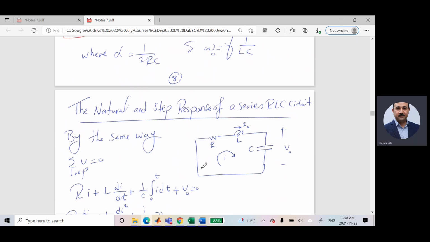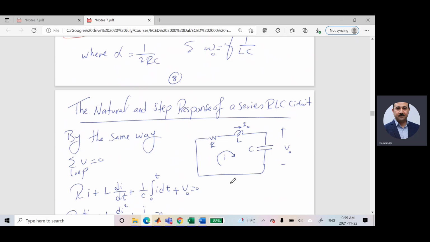Based on that configuration, I'm talking about the natural response. So in the case of natural response, I'm going to repeat the same story that I did before. What do you want? I would like to find the solution for this problem.